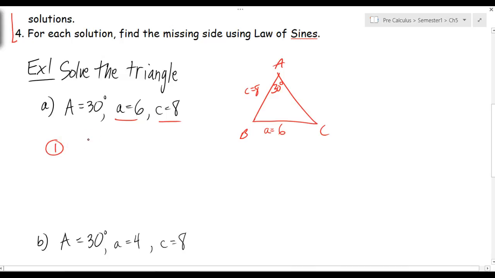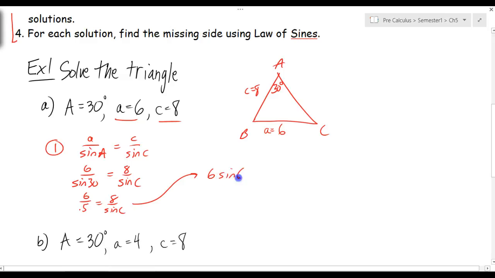So we would have a over sine A equals c over sine C. And so we'll have 6 over sine of 30, and we'll have 8 over the sine of angle C. We know the sine of 30 is 1/2, so this is 6 over 1/2 equals 8 over sine C, which if we cross multiply, we get 6 sine C equals 4. Sine of C is equal to, sorry, 4 over 6.